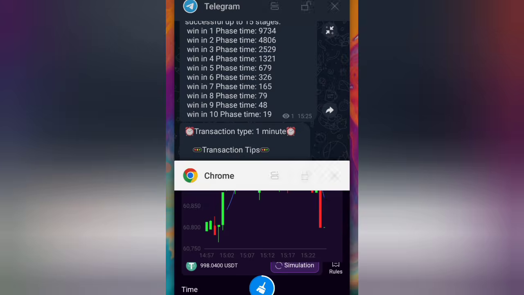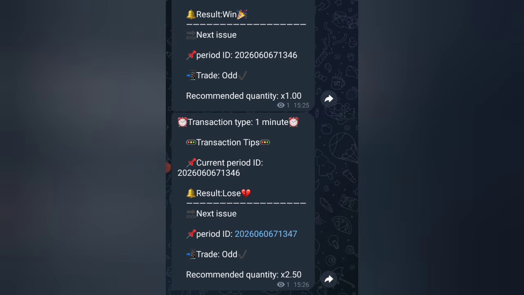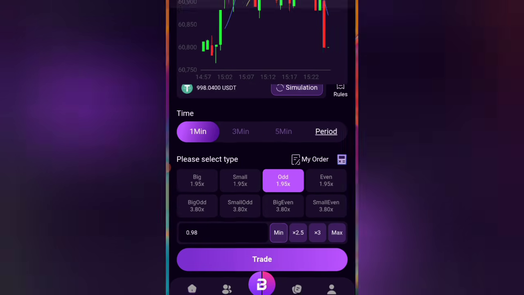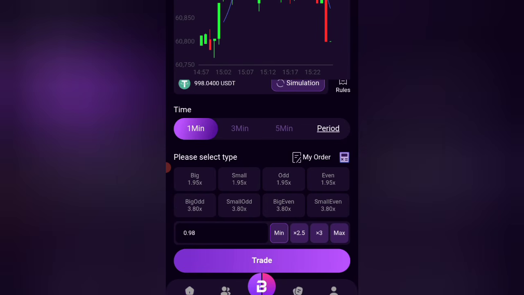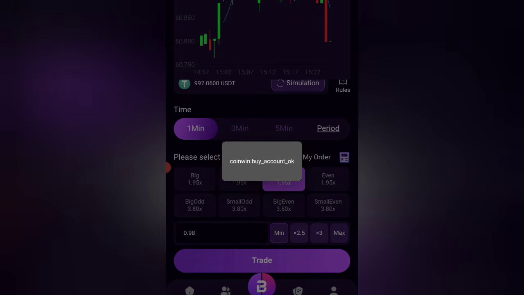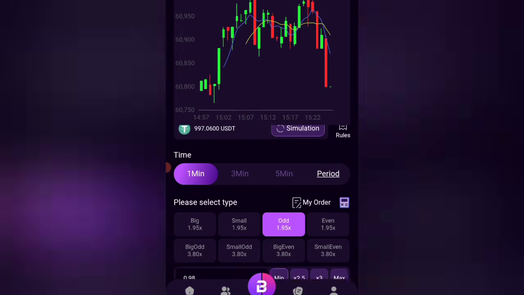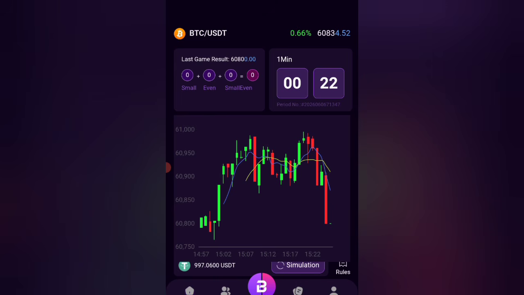Now let me go to the 1 minute channel. Okay, 347 period ID, trade odd. So this one is on odd and my first recommendation is 98 cents. Then I'll click on trade, then confirm. You have to be fast. So you see 347.